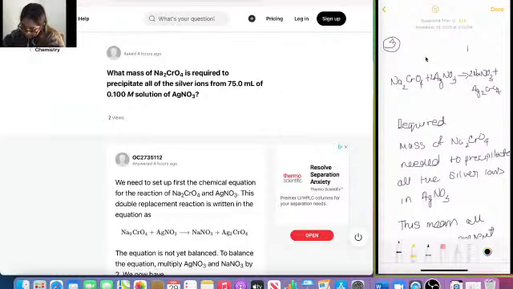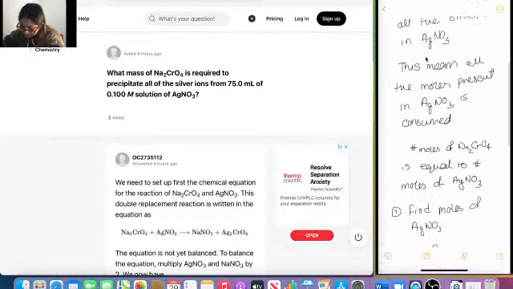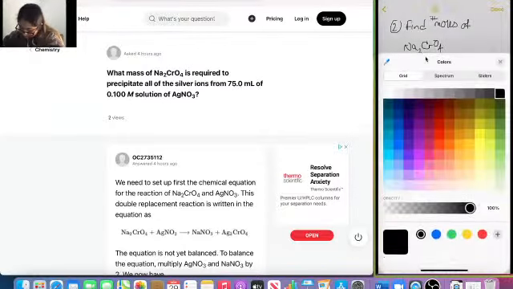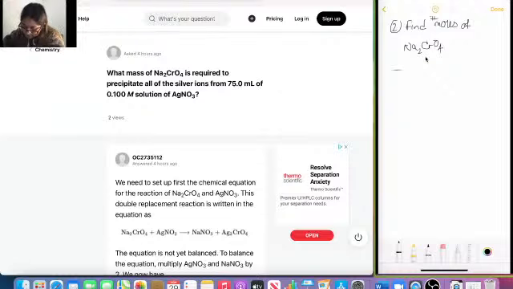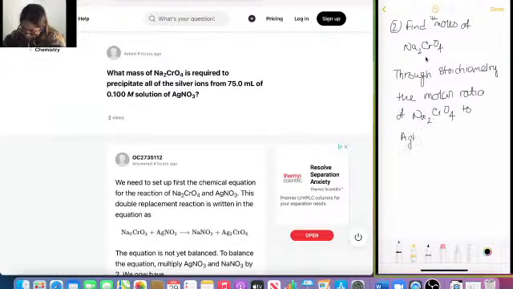And so what we can say is that through stoichiometry, the molar ratio of Na2CrO4 to silver nitrate is 1 to 2, right?